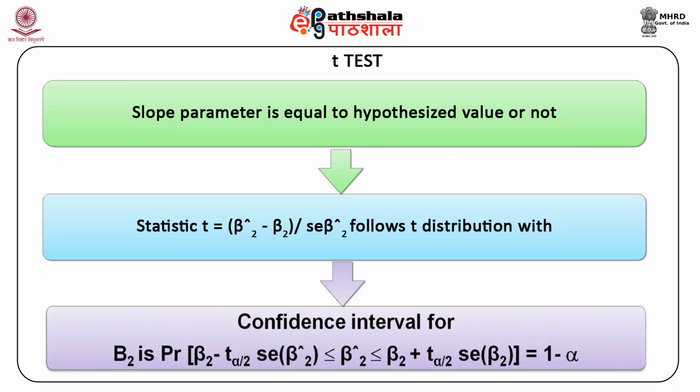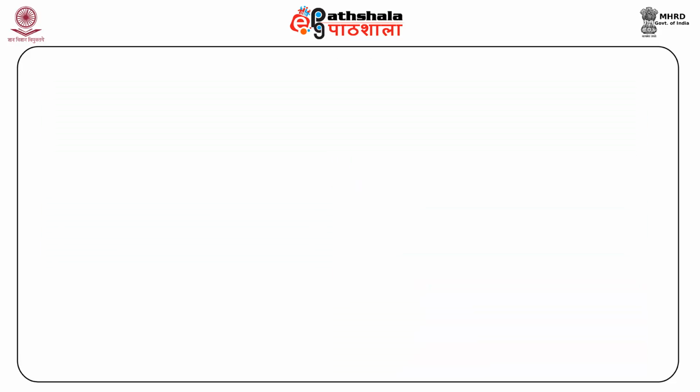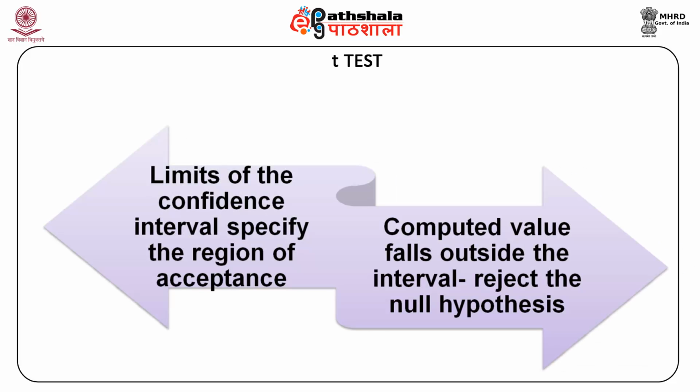The confidence interval for beta 2 is Pr[beta 2 minus t alpha divided by 2 SE beta hat 2, which is less than beta hat 2, which is less than beta 2 plus t alpha divided by 2 SE beta hat 2], which is equal to 1 minus alpha. The limits of the confidence interval specify the region of acceptance of the null hypothesis. If the computed value falls outside the interval, known as the critical region, then we reject the null hypothesis.